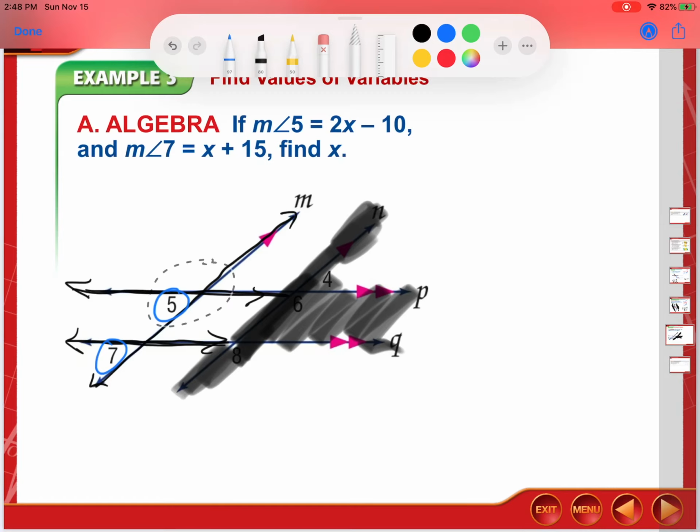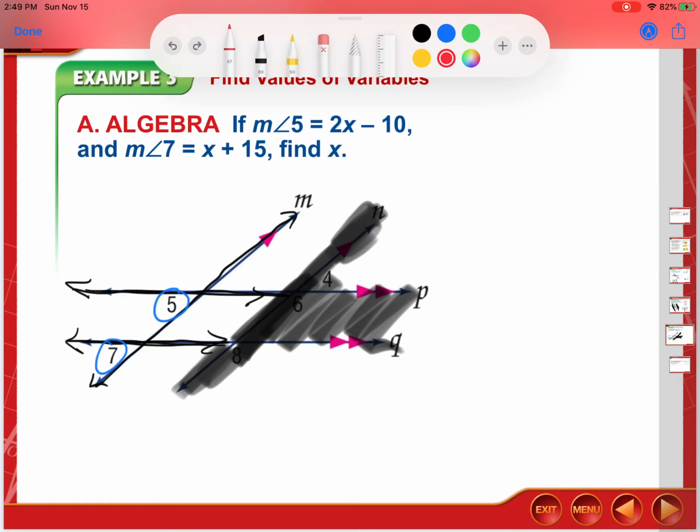What I mean by that is, if I was able to take scissors and cut out this whole top bit here, and pick that up and set it right over in here, it would lie straight on top of it and we wouldn't be able to tell the difference, because they are the same exact thing, just slid up that transversal. So angle 5 and angle 7 are the same because they're corresponding angles.